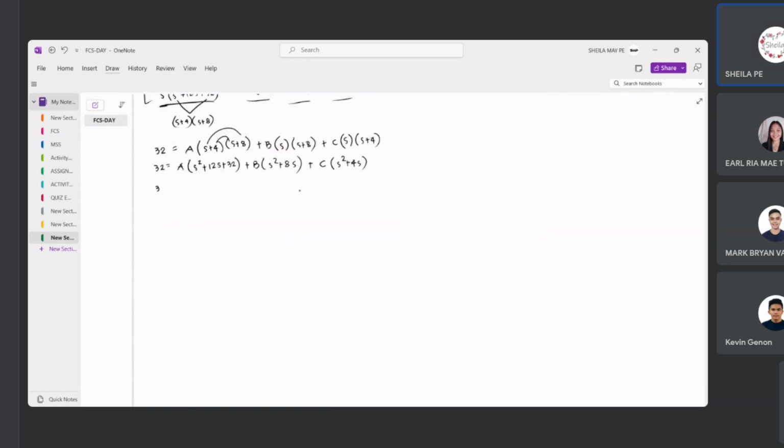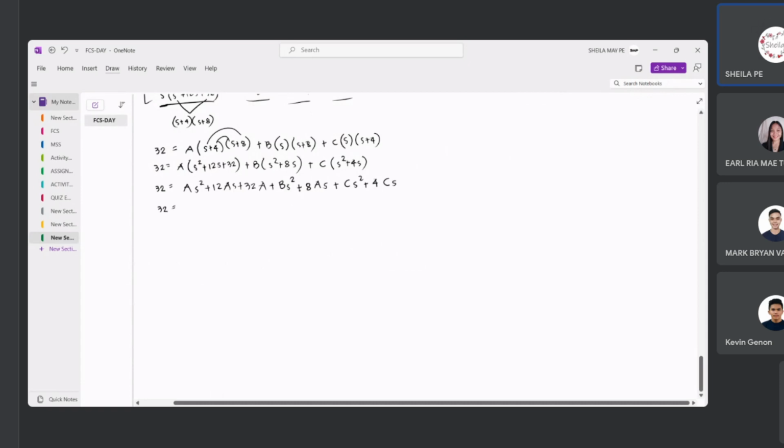So 32 equals, distributing, A s squared plus 12As plus 32A plus Bs squared plus 8Bs plus Cs squared plus 4Cs.